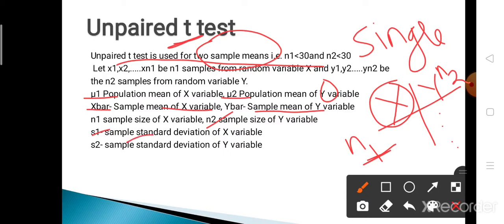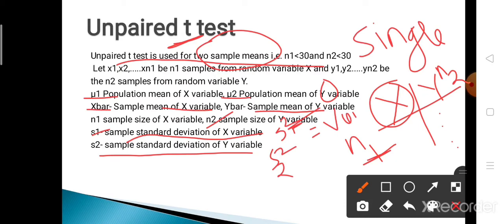S1 is the sample standard deviation for the x variable and S2 is the sample standard deviation for the y variable. Then what is S1 square and what is S2 square? Square means the square of the standard deviation, and the square of the standard deviation is nothing but the variance. So S1 square is the variance of random variable x and S2 square is the variance of random variable y.